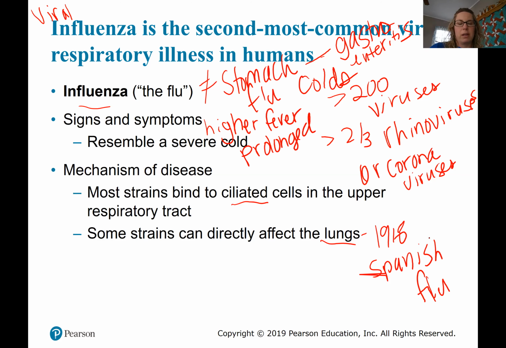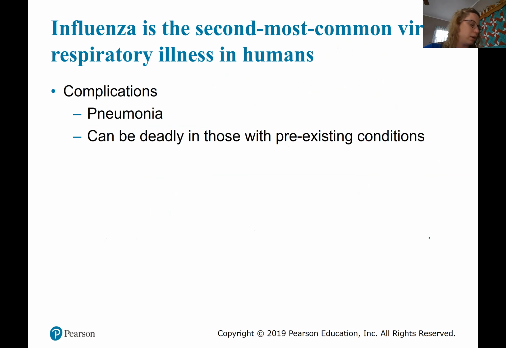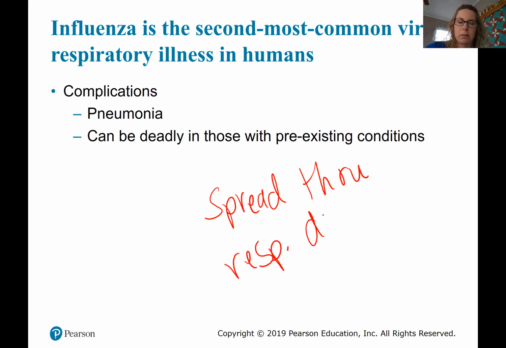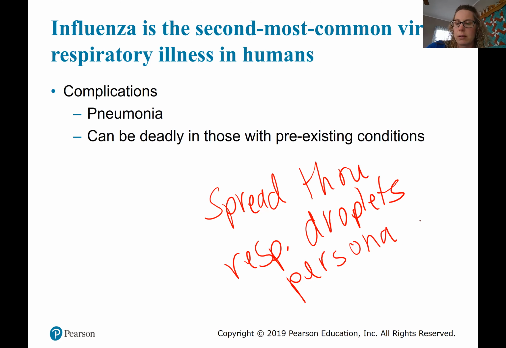Let's see, one other thing that I wanted to point out, and I'm going to put it here because we have more room. Influenza is spread, as you probably already know, through respiratory droplets. So sneezing or coughing on someone, or even just breathing on someone or talking, has a potential to spread the flu. Personal contact, or we call that direct contact.